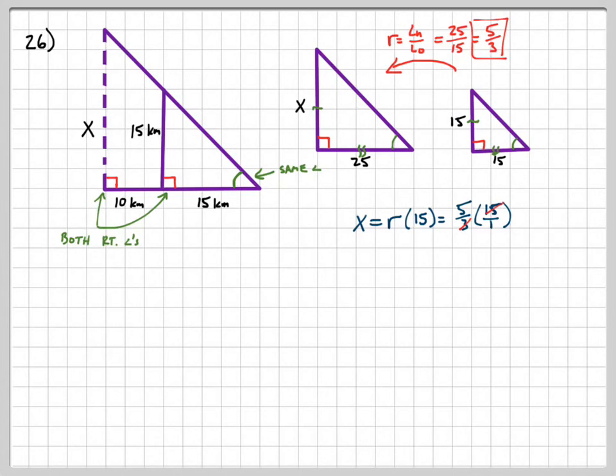And doing some cross canceling, I'll have a 1 and a 5. And so finally I'll find that x is equal to 25, and then I want to make sure I get the correct units on there. So it'll be 25 kilometers.